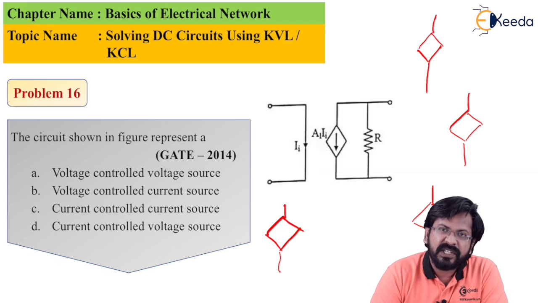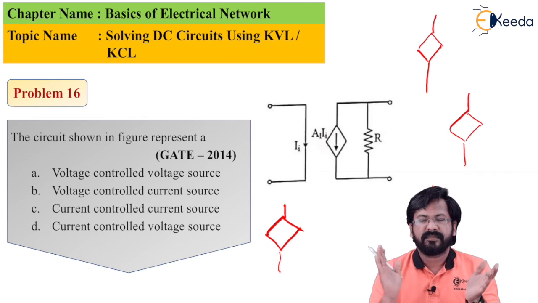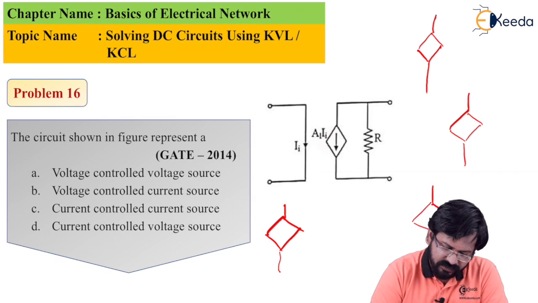Now, dependent sources can be voltage source or current source. Whether they are voltage source or current source, that is indicated by either polarity or direction. If there is a polarity inside a diamond, it is voltage source. If there is an arrow, it is a dependent current source.